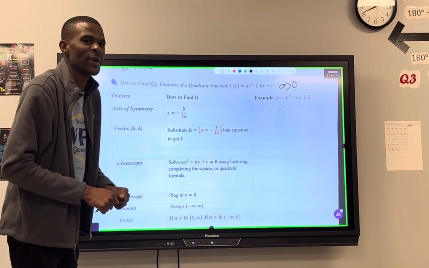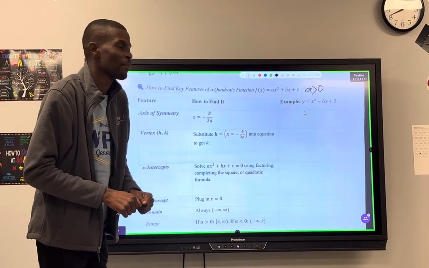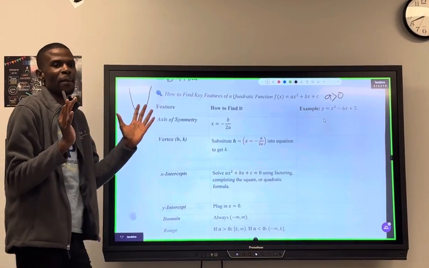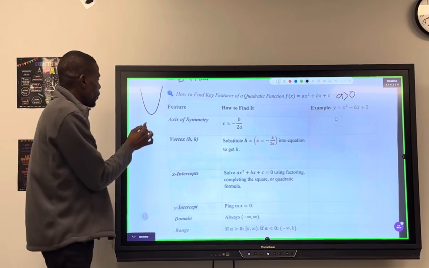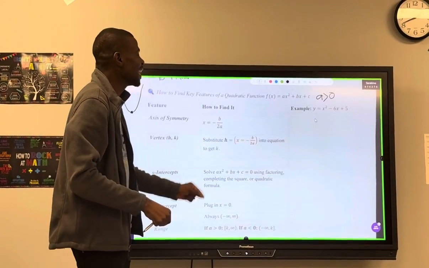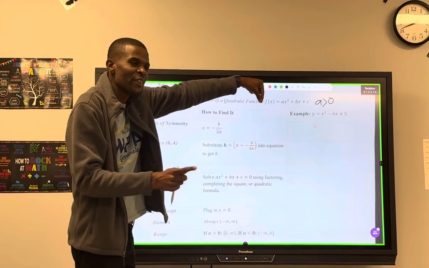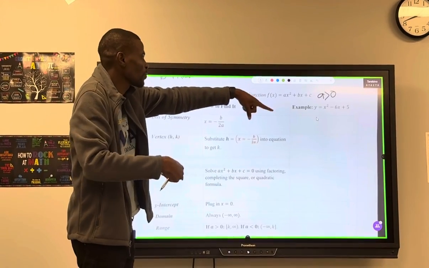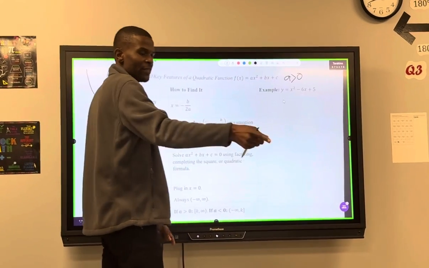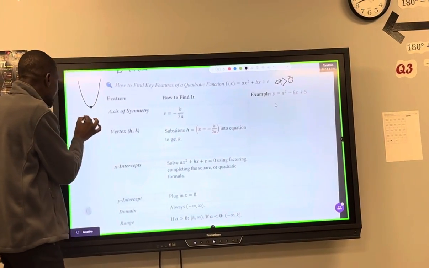We cannot have a maximum point because A is positive, the graph opens up. So when the graph opens up, we have a minimum. And that minimum is the y coordinate of the vertex we found before. What is that y coordinate of the vertex? You have it. It's -4.